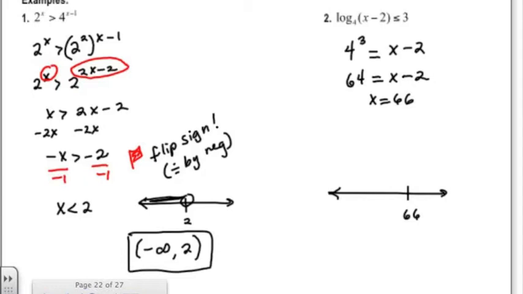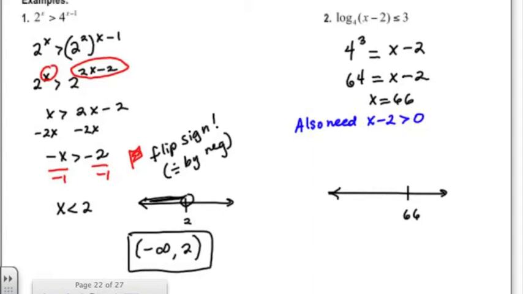But with these log equations, since it was a log, you also need x minus 2 to be greater than 0. So why do I need that? Jasmine, do you know? Yeah, if you take the log of 0, so try that on your calculator.